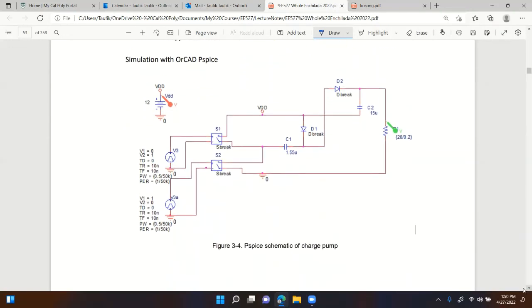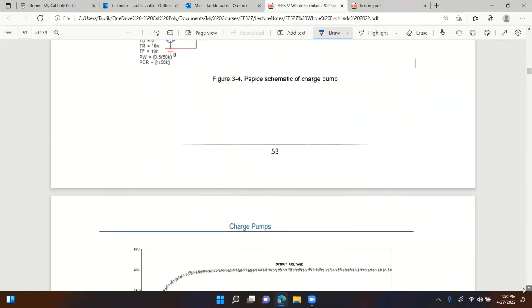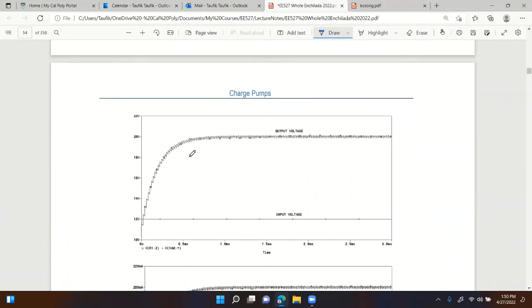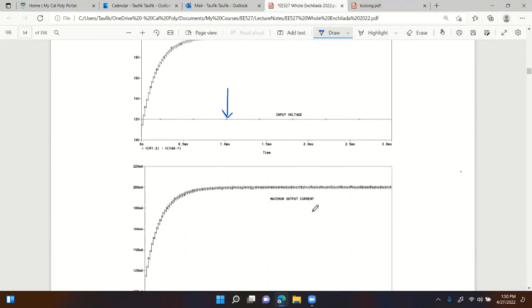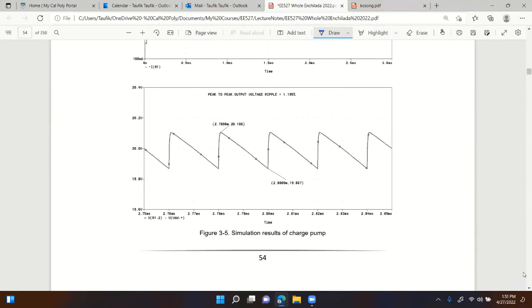When I first ran the simulation, I didn't quite get 20 volts, so I started changing the capacitance values, and gradually I got the 20 volts right there. Awesome, right? From 12 volts to 20 volts without any inductor. Isn't that cool? So you get a step up converter without inductors. And there's the current right there, maximum output current of 200 milliamps as expected. Pretty cool. That's the peak-to-peak ripple on the output voltage.